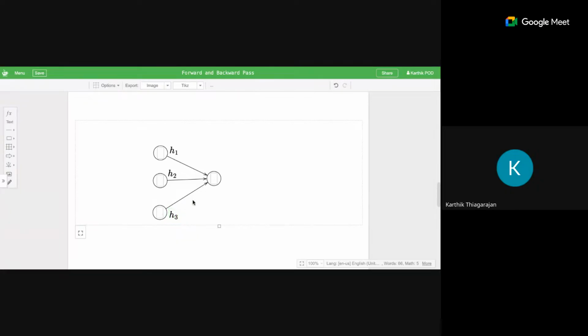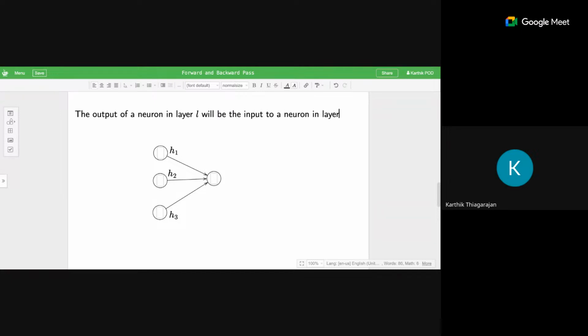So H1, H2, H3 are the outputs of these three neurons respectively, and they happen to be the input of the neuron in the next layer. So the output of a neuron in layer L will be the input to a neuron in layer L+1. I hope you see that. That's the main idea. So H1, H2, H3 are the inputs.